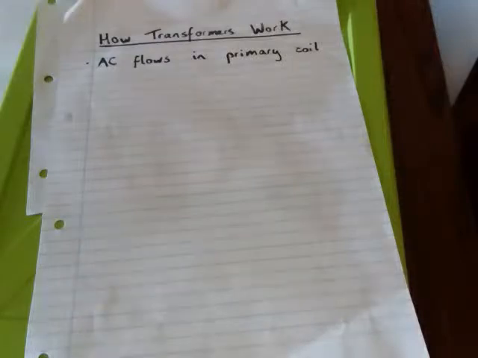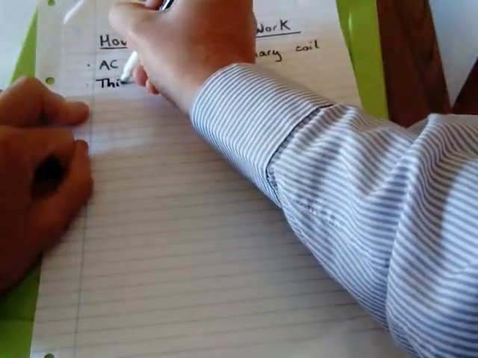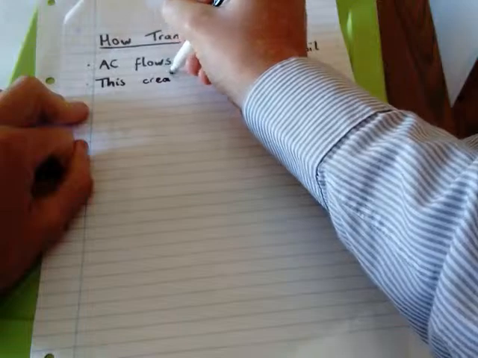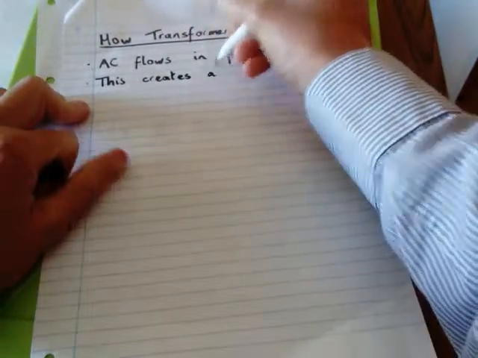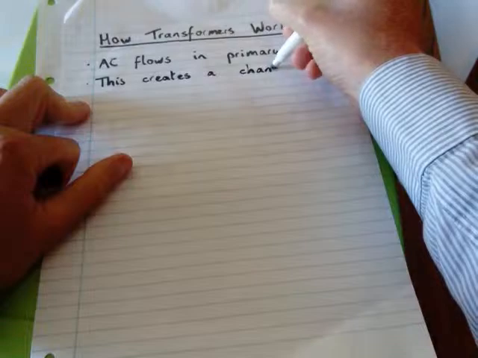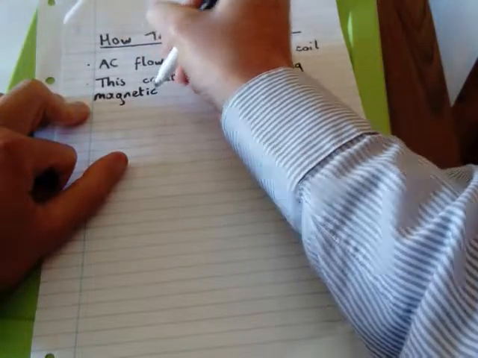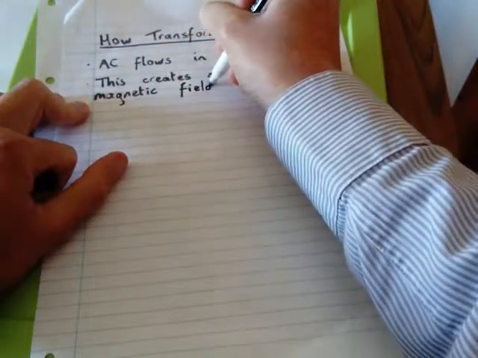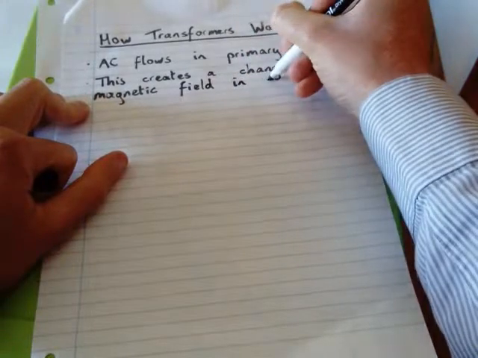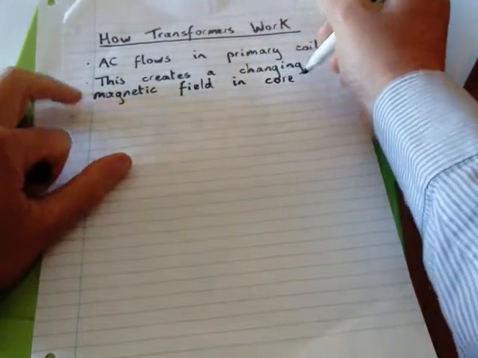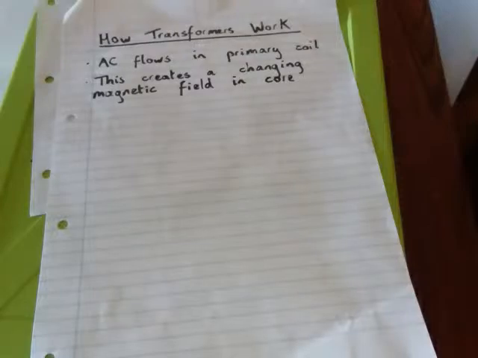And because it's an alternating current, it's going to be an alternating magnetic field. I'm not going to use the word alternating, I'm going to use the word changing. So this creates a changing magnetic field in core.